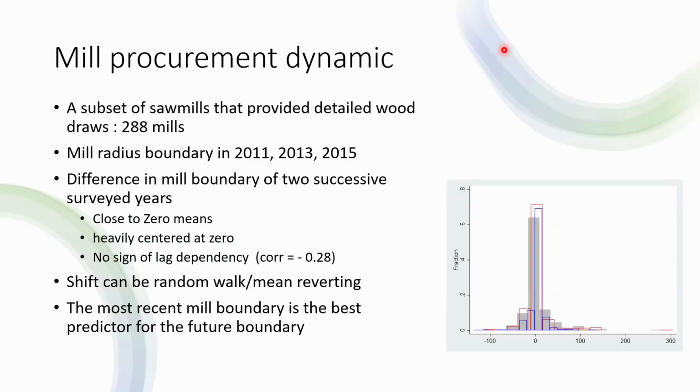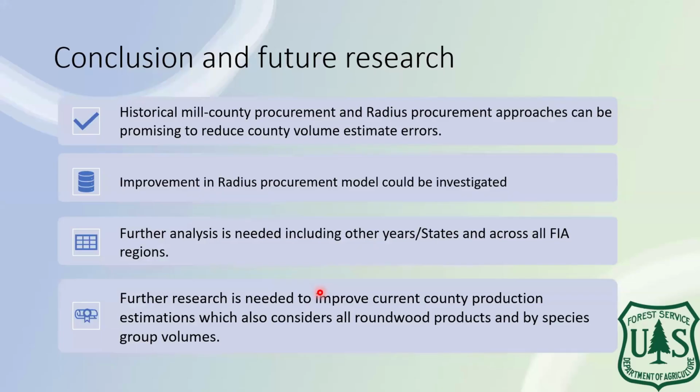In summary, we found that the shift in mill radius boundaries can be a random walk process or mean reverting, implying the most recent procurement data is the best predictor for future procurement. So we can use the most recent one.